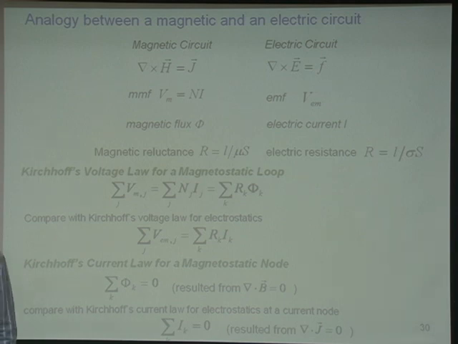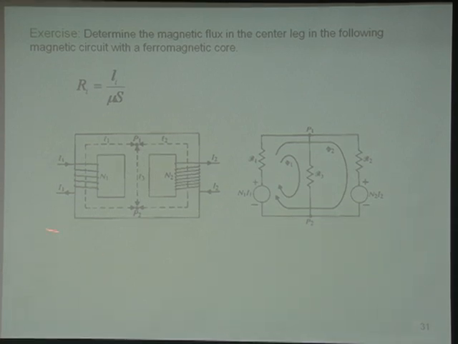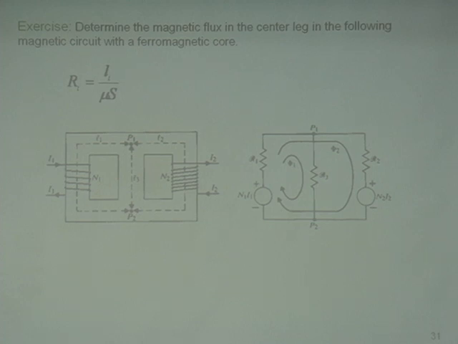Okay, any questions? No problem, right? Let's look at this magnetic circuit. When you see a magnetic circuit, the first step is to turn it into an electric circuit, because you are already familiar with electric circuits. Okay, so you have one MMF here, and your second MMF here. Just put your sources here and here. And then you have the magnetic flux going around in this circuit. The magnetic flux is basically the same concept as the current in the electric circuit.